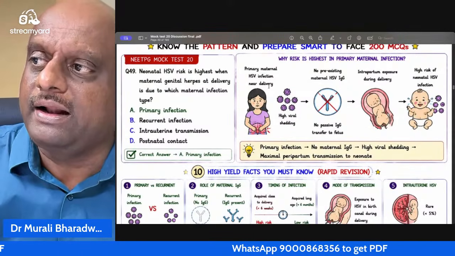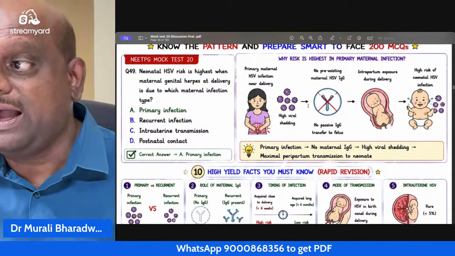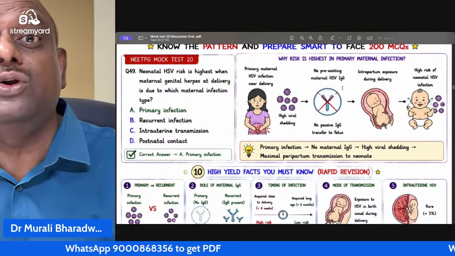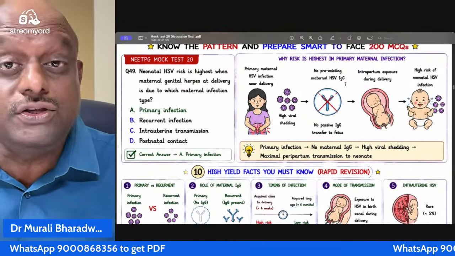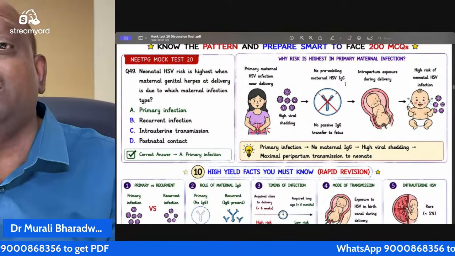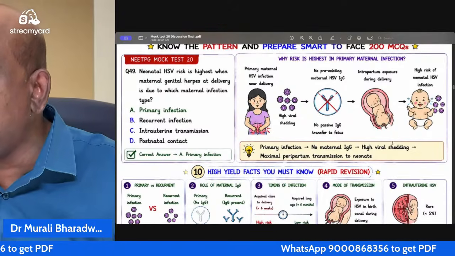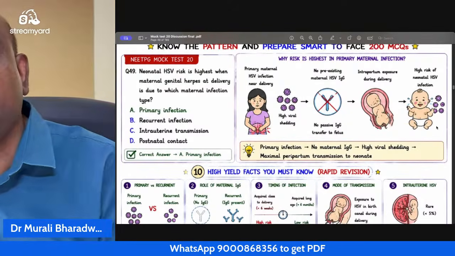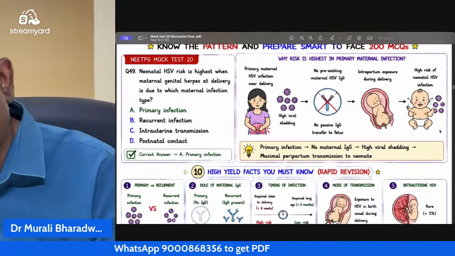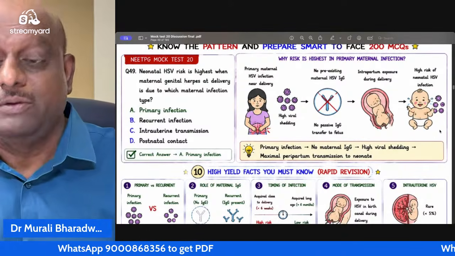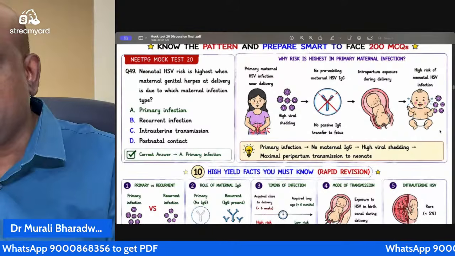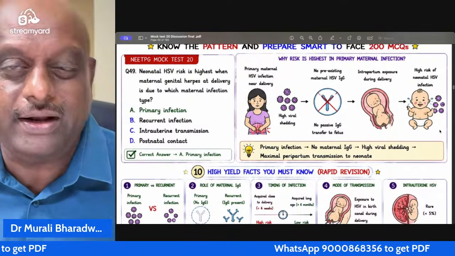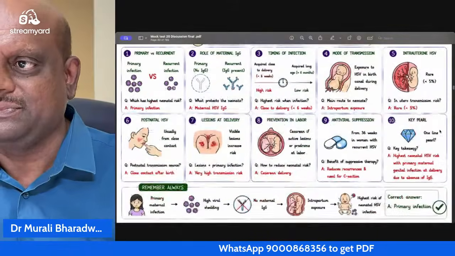The primary maternal HSV infection, high viral shedding, no pre-existing maternal immunoglobulins of the IgG type, which normally go to the baby, and the intrapartum exposure during delivery will lead to high risk of neonatal herpes simplex virus. You need to remember, between IgM and IgG, it is the IgG that goes to the baby and offers the protection.